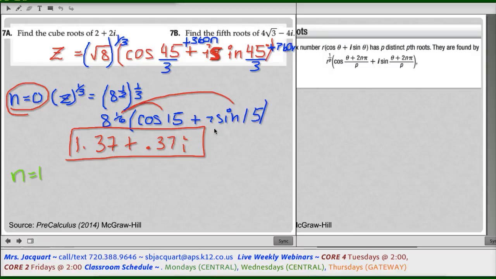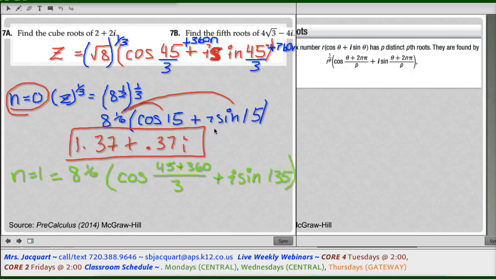For n equals 1, we're still going to get 8 to the 1/6 power. But then we're going to get cosine of (45 plus 360) divided by 3, plus i sine 135.